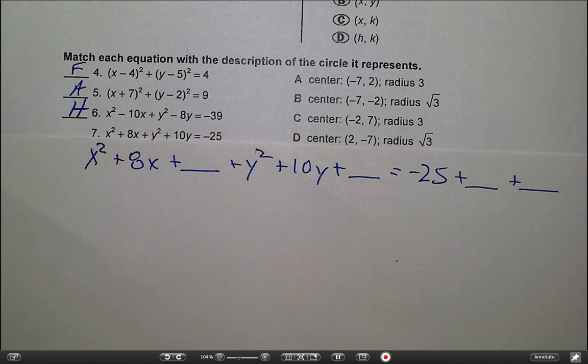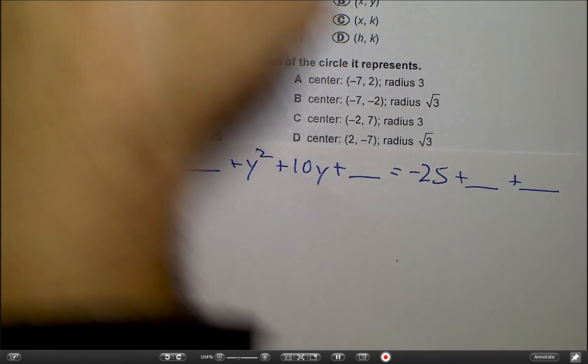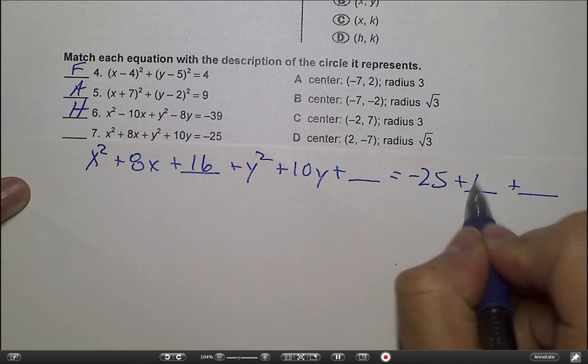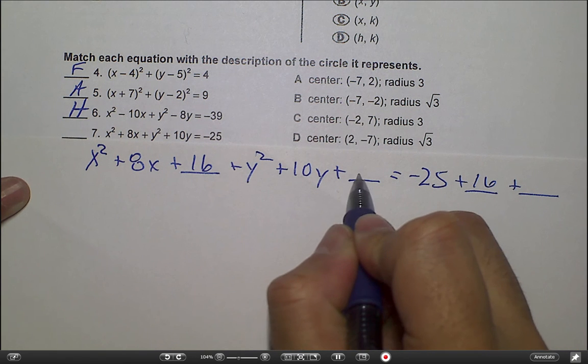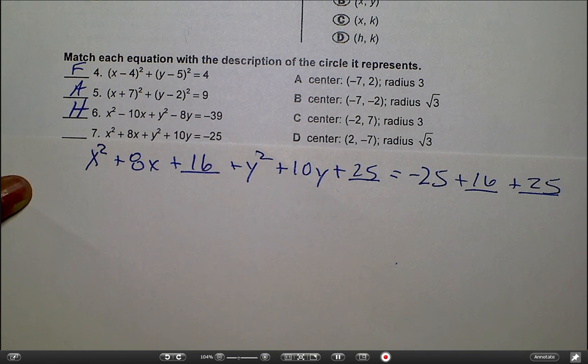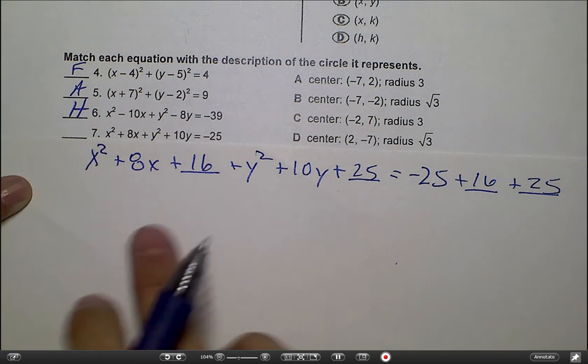All right, you guys ready? My first one: I'm going to have positive 16 here and 16 over here. What's this one? 25. Very good. Okay, so now let's jump to the next part.